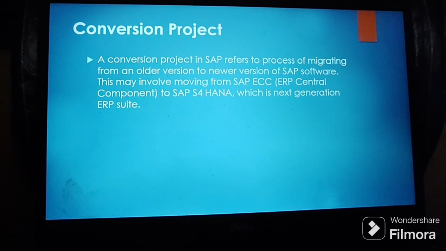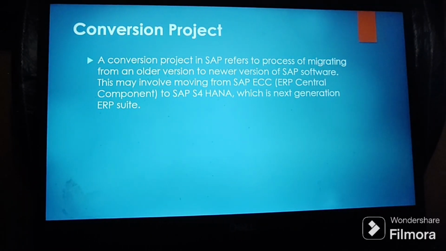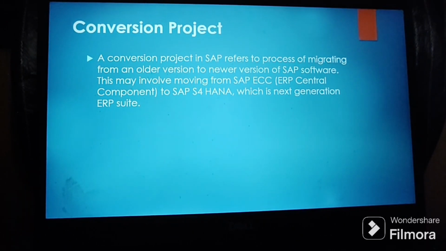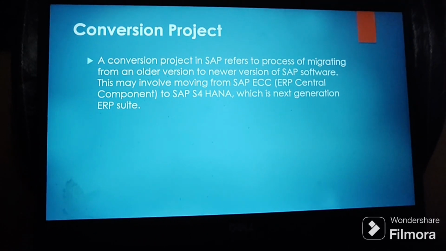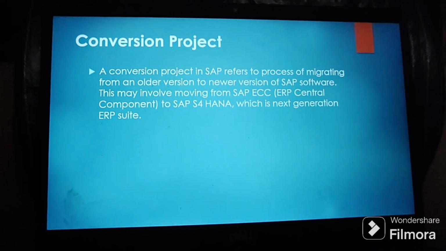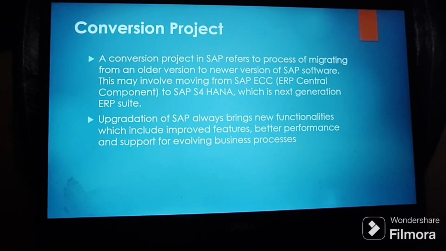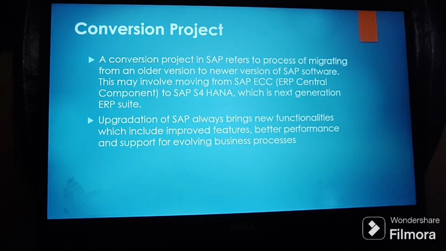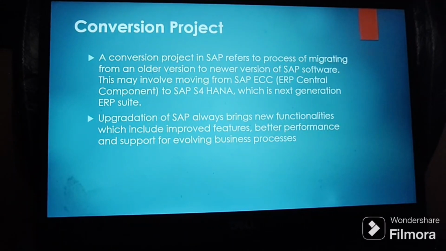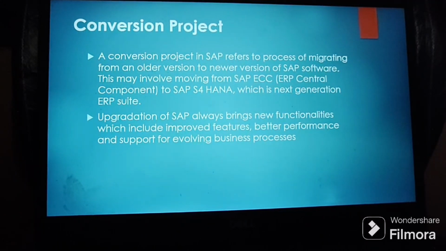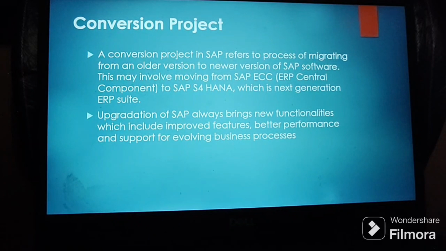ECC means ERP Central Component, and S4HANA is the next generation of ECC ERP. Here, upgradation of SAP always brings new functionalities, which include improved features, better performance, and support for evolving business processes.